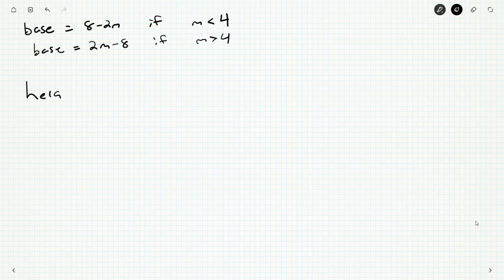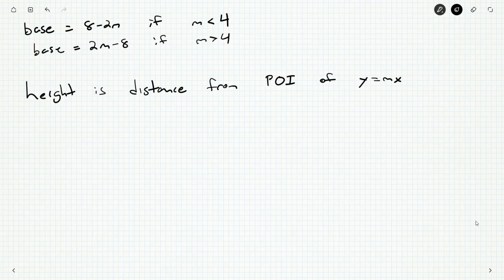Now our height is the distance from the point of intersection of y equals mx and our other line, y equals negative 2x plus 12, to the line x equals 2.